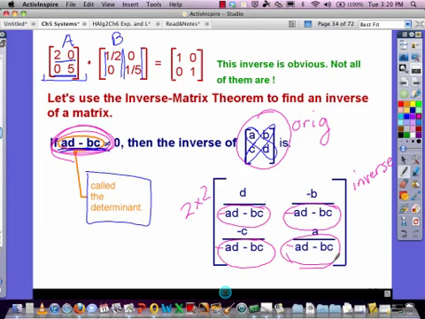Then you look at the left diagonal in your original matrix and switch the positions. D goes to A goes to D. In the right diagonal, you take the numbers that are there and turn them to their opposites. So we'd have the opposite of B, opposite of C. All right, with that, we're going to try a few.